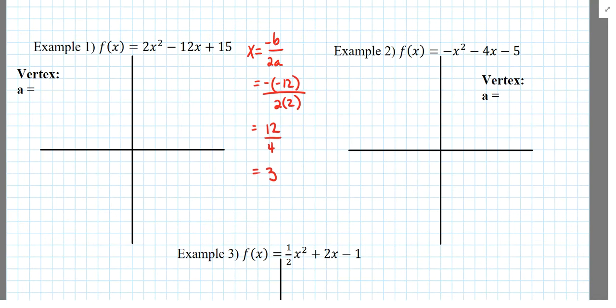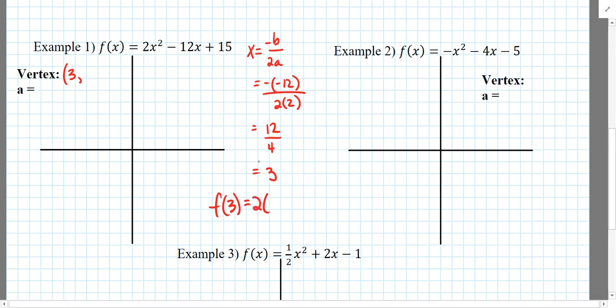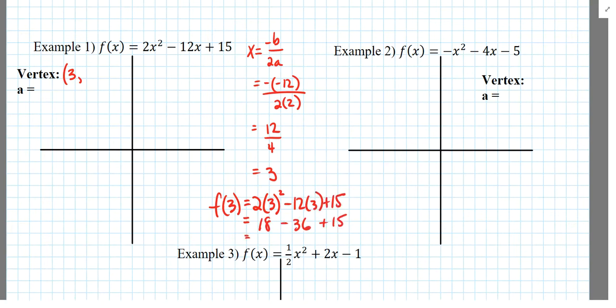When simplified, we find that x is equal to 3. We then substitute this value into the original function to calculate the y-coordinate. With a little bit of simplifying, we see that the y-coordinate is negative 3.